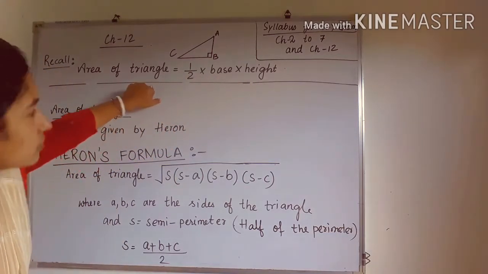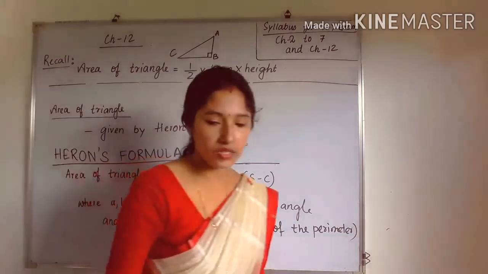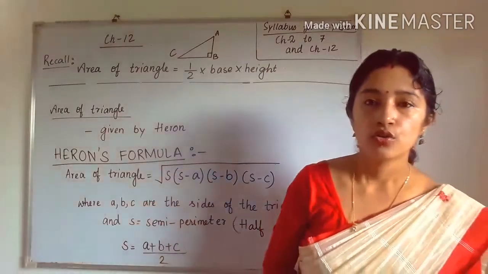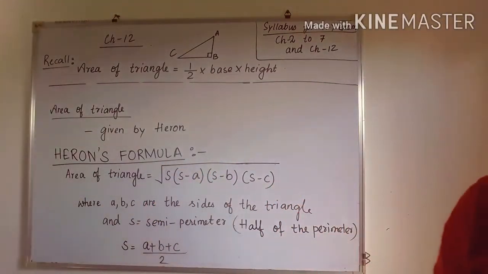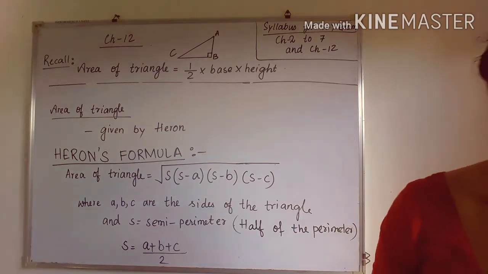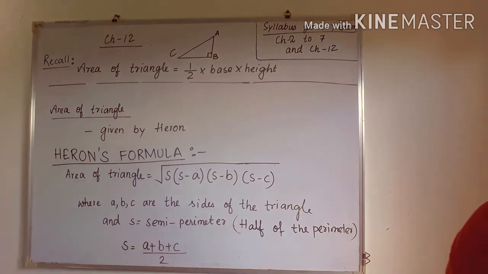Okay. So now see what we have to discuss in this particular chapter, that is the name of the chapter is Heron's formula. So Heron, you can see the overview in page number 199. Who was Heron? And what he has done in the field of mathematics.